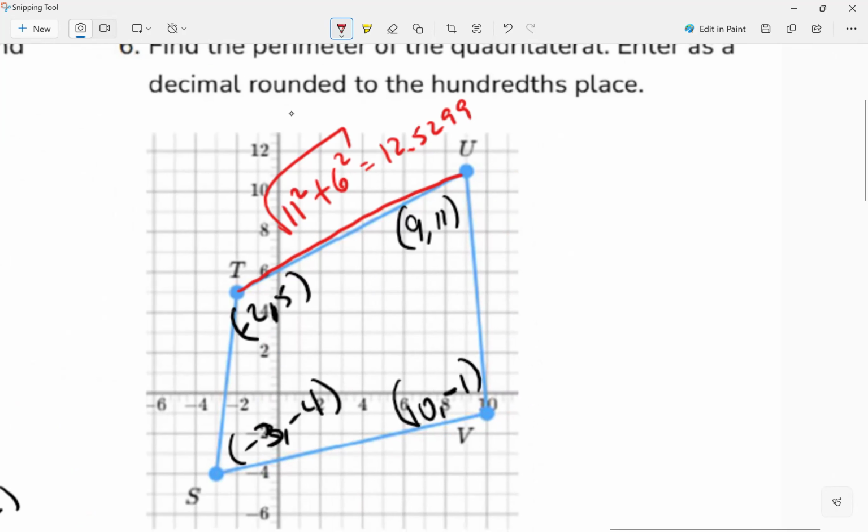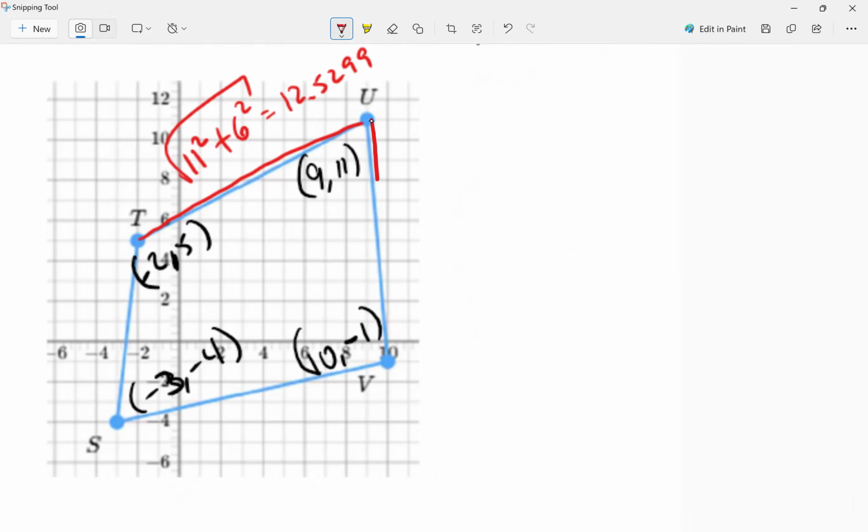Okay, let's take a look at the side UV. If I subtract the x's, there's a 10 and a 9. So I will get 1 squared. If I subtract the y's, one of them is 11, the other one -1. So 11 minus a -1 is 12. The square root of 1 squared plus 12 squared gives me about 12.0415.